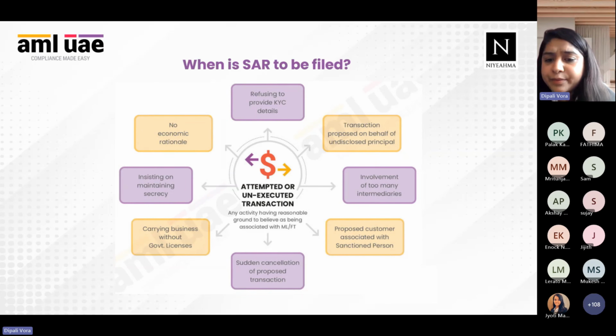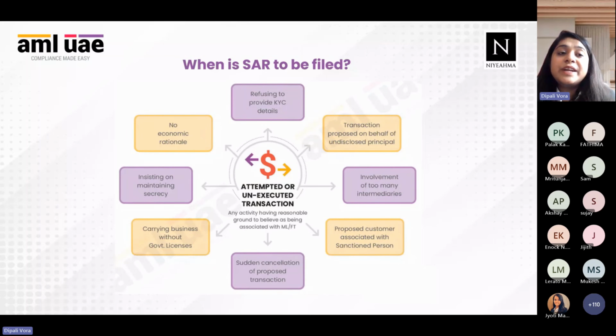If there are too many intermediaries, or if the proposed customer who is trying to have a transaction with you is a sanctioned individual or is related to a sanctioned individual. There are certain instances which have actually happened with some companies where they have completed everything, and if you ask for some more documentation, they will cancel the transaction, saying no, we don't want to work with you, just because you've asked for some more documents as a part of your KYC rules.